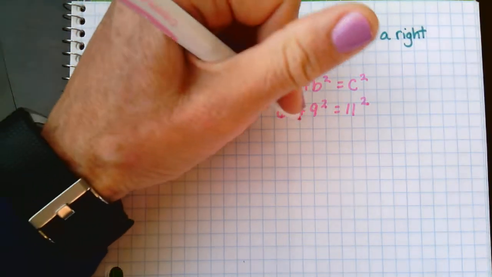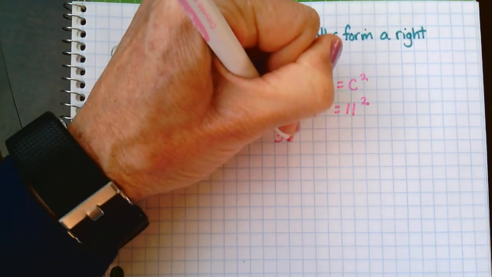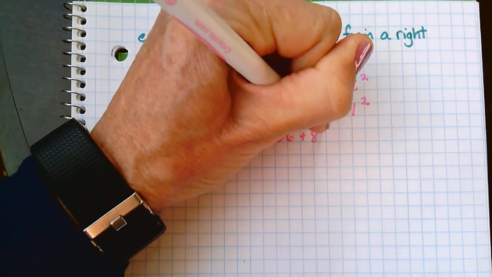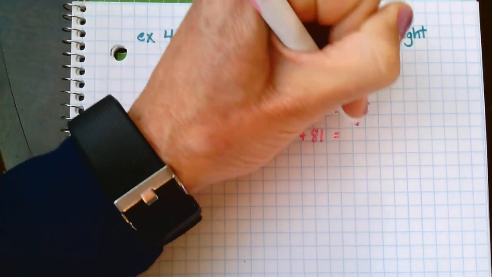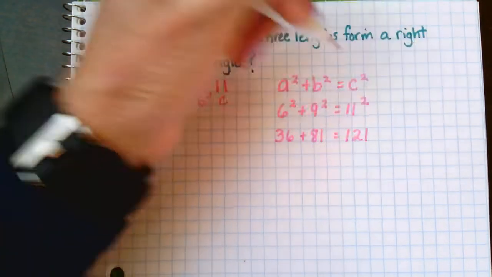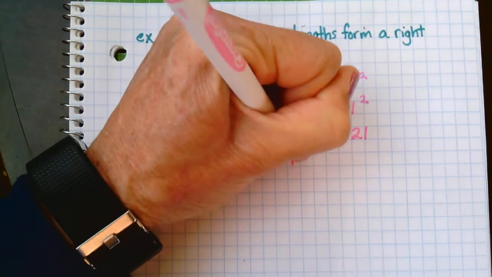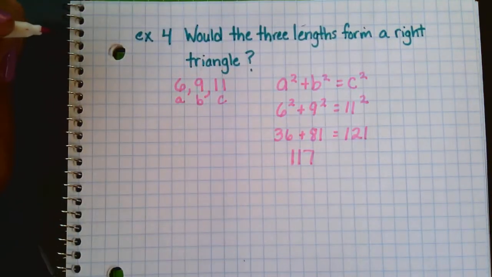Okay. 6 squared is 36, 9 squared is 81, and 11 squared is 121. Now if we add 36 plus 81, we get 117 for the sum of the squares of the 2 shortest sides.